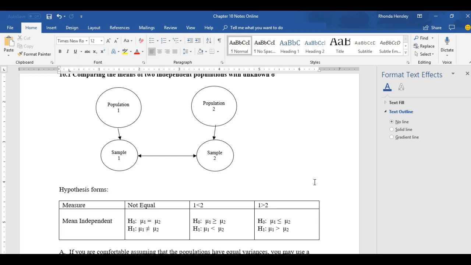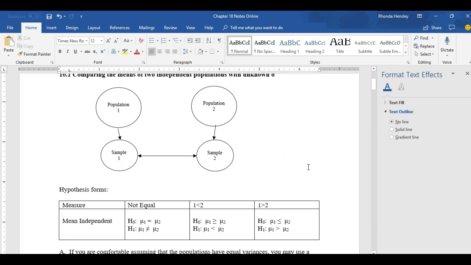It might have been that the parking satisfaction at A&T is greater than it is at UNCG, which would be this third choice here. Or it might have been that the satisfaction with parking at A&T was less than it is at UNCG, which is this middle choice. So it's just a matter of figuring out what the relationship is and then writing the correct form of the hypotheses.